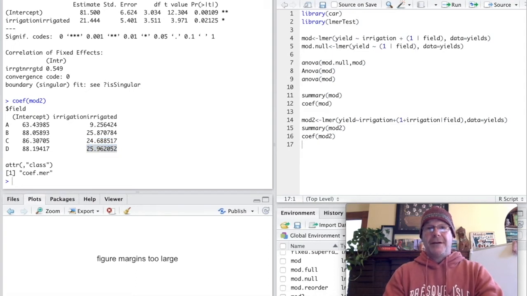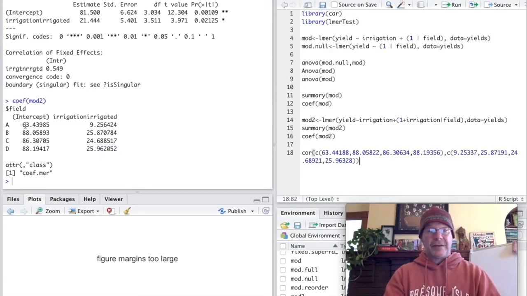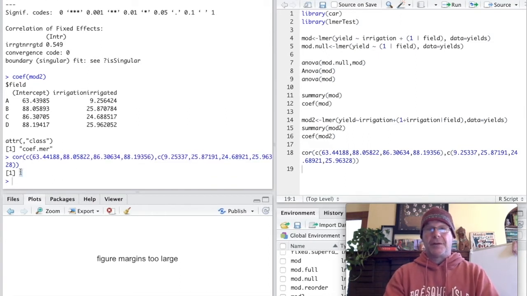But if I put those numbers into a vector and see how well the intercept is correlated with the slopes using our old friend, the cor function, indeed the correlation is 1. So they're not able to be independently estimated, and again that's telling us we probably don't want that in there.